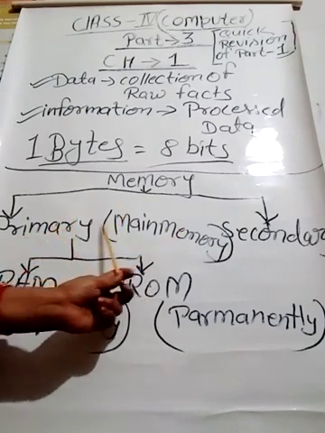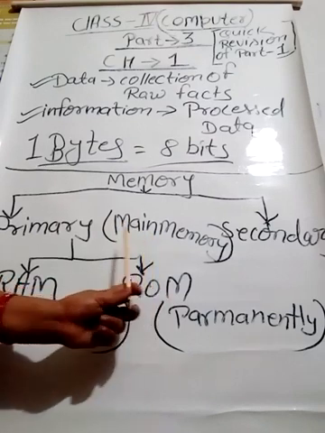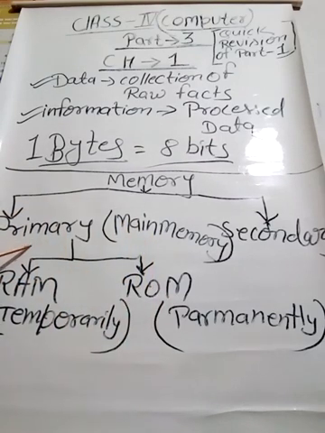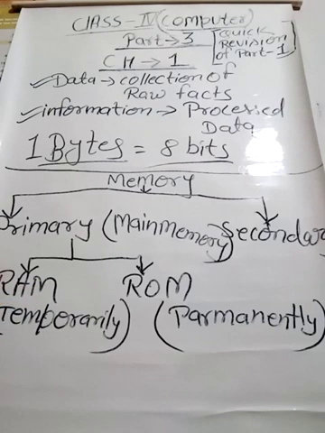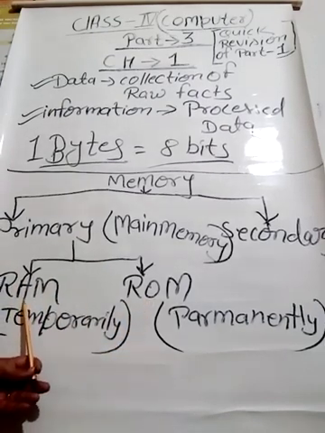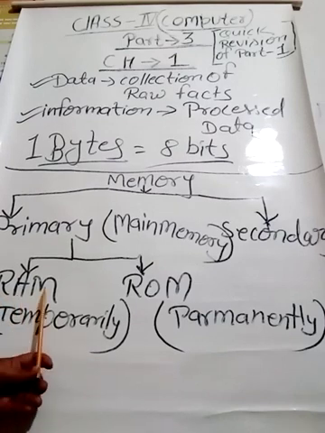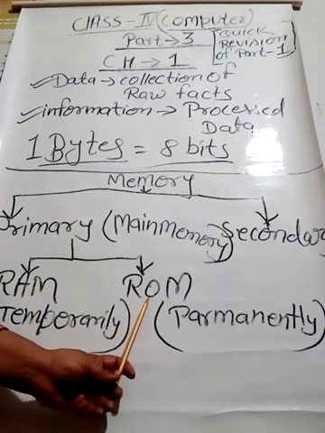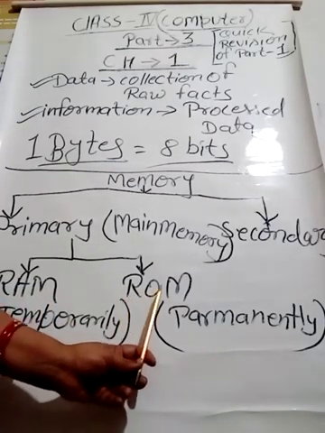Primary memory is classified in two parts: RAM and ROM. RAM stands for random access memory and ROM stands for read-only memory.